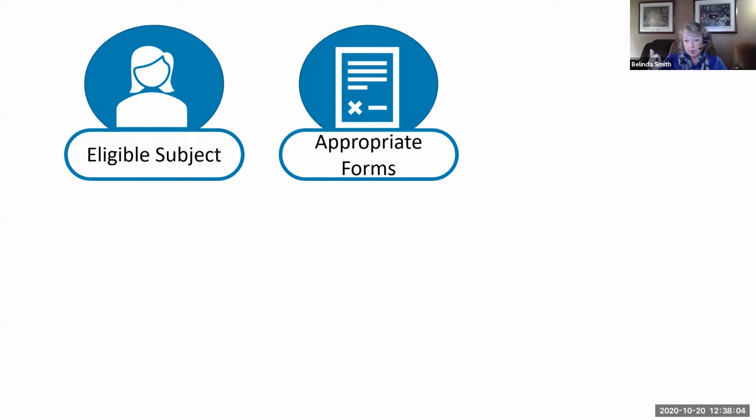Language understandable to the subject, lay terminology, information a reasonable person would want to know to make a decision, and organized in a way that facilitates their understanding.